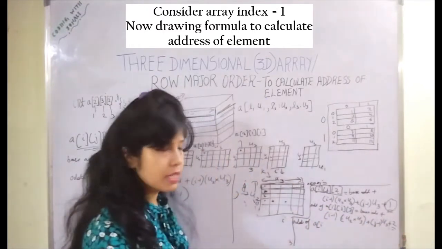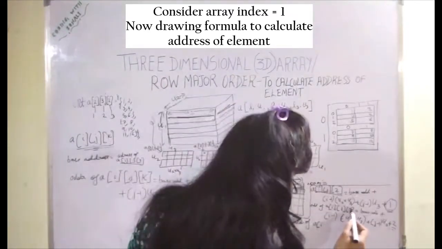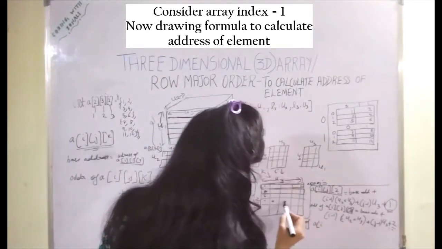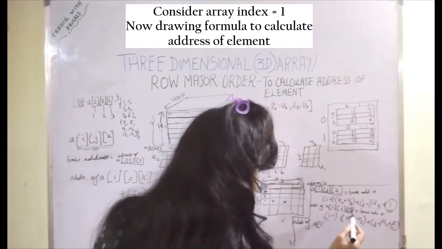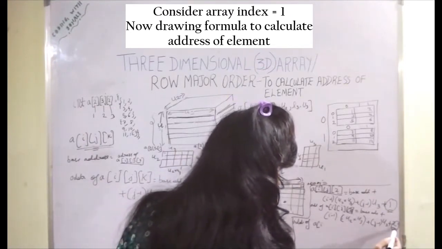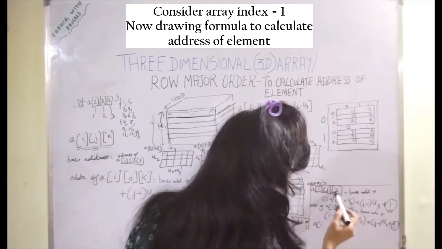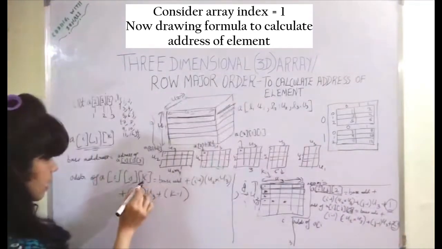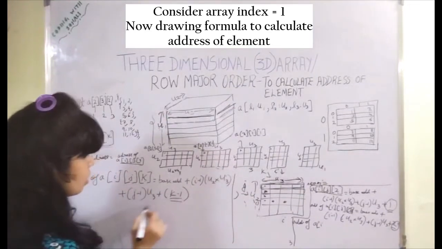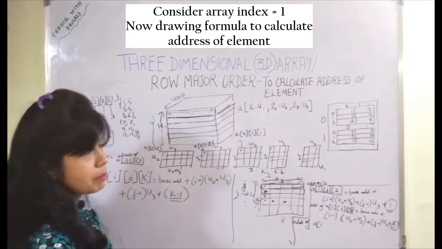So if we have to calculate the address of this element, I have to add 2 to it. If it is 3, I have to add 2 to it. If it is 2, I have to add only 1 to it. Therefore, if it is k, I have to add only k minus 1 elements.